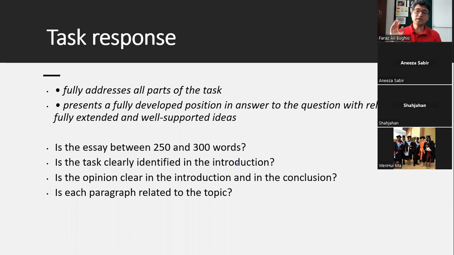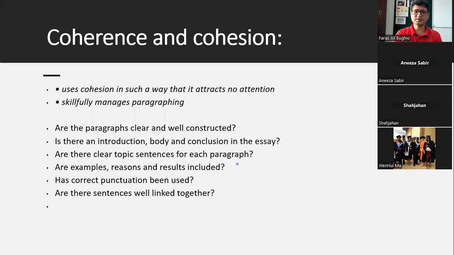The task needs to be clearly identified. For example, it's opinion-based, it's advantages and disadvantages, or it's a problem and solution. You need to understand that. And you need to clearly state your opinion in the introduction and conclusion. And the body paragraphs need to be related. They should look coherent as a whole. That will give you marks on task response.